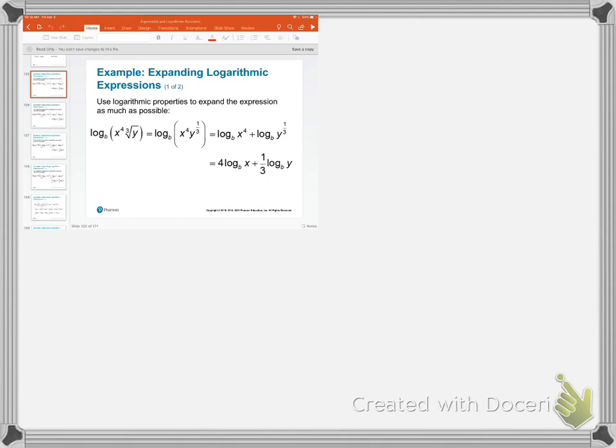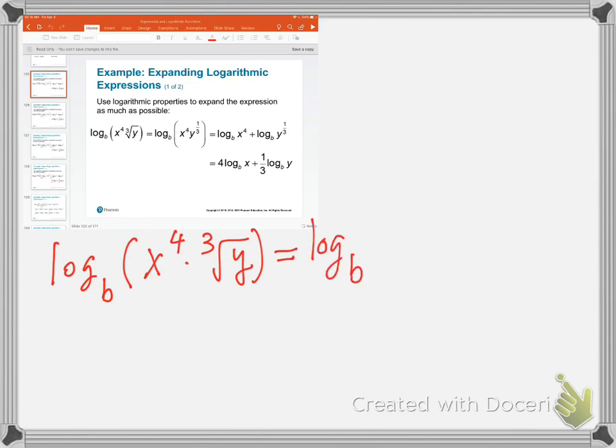Okay, so now let's look at another example. Log base b of x to the 4th power times cube root of y. First we change the cube root of y to a rational power. Log b of x to the 4th times y to the 1/3. Now this multiplication, product, means addition for two logs.